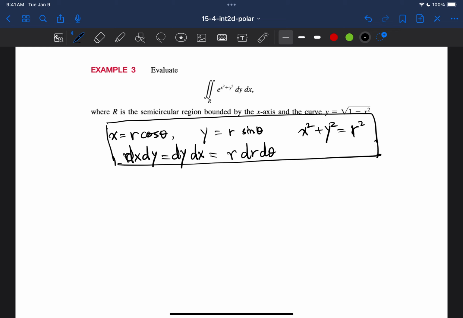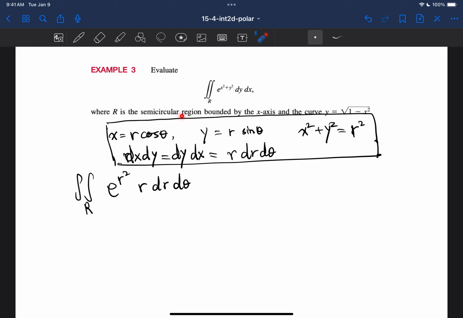All right, with this in mind, we can write the problem as e to the r squared, because this formula replaces this, and dy dx is r dr d theta. Now I want to know the limits for r and for theta, so we want to see what kind of region, domain we have.